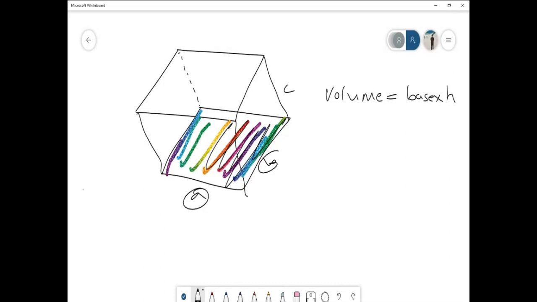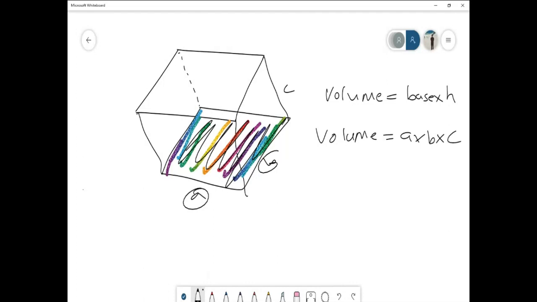I mean, this area, this base is a times b. When you find base, which is a times b, you multiply it with height, then it will give you volume. Volume will be equal to base, which is a times b, times what is h? Height is c.